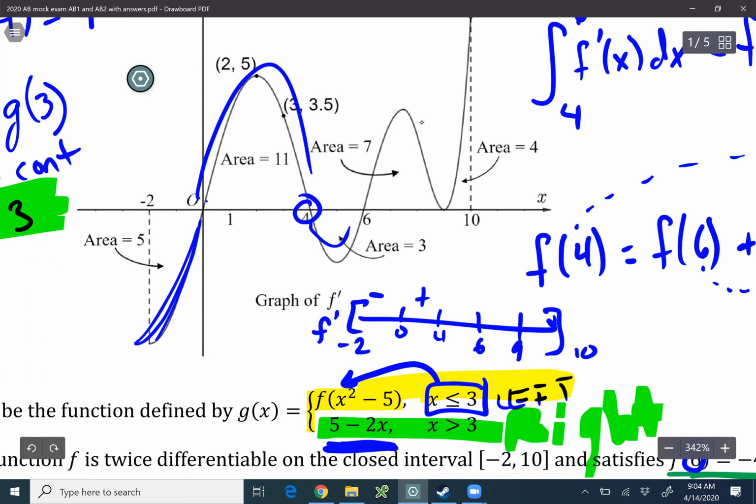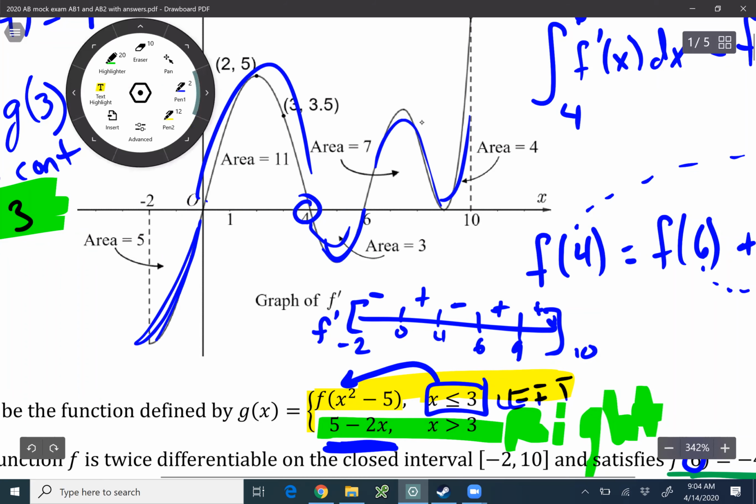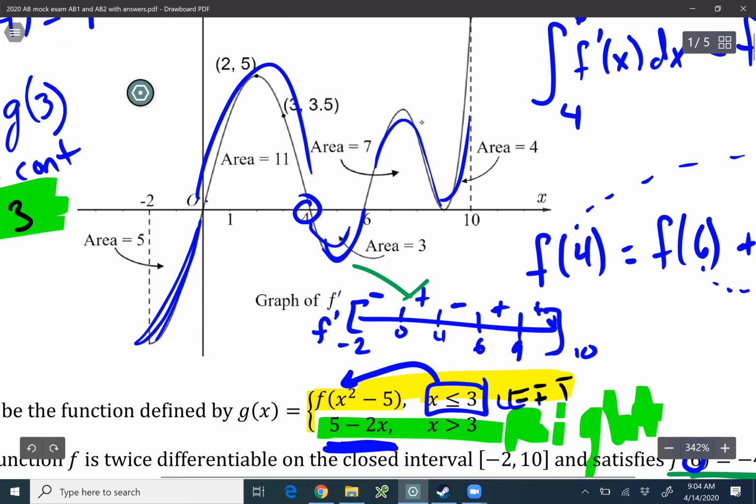From 4 to 6, it's negative again. From 6 to 9, it's positive. And from 9 to 10, it's positive again. So if we were thinking about that number line, that means that it goes decreasing, increasing, decreasing, increasing, increasing at a different rate. So the only possibility for local maxes is at 4, right?